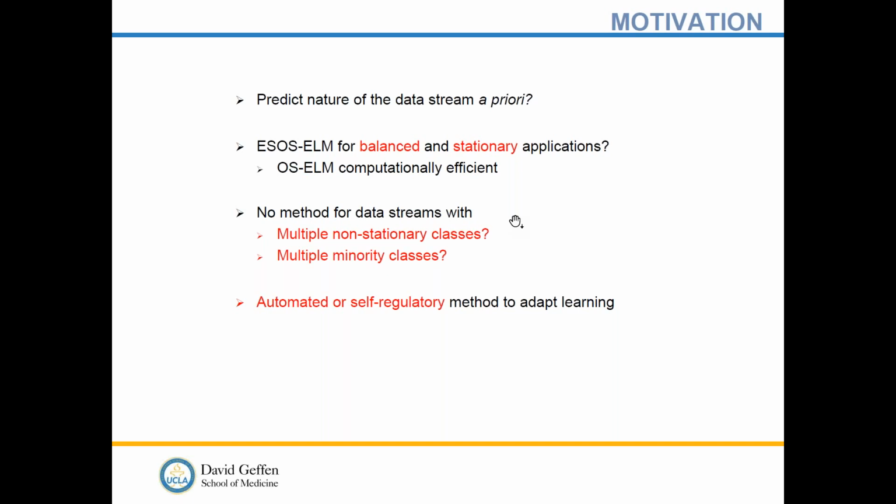Also, the previous methods only discuss data streams which have only 2 classes. There are no sequential learning methods that can tackle the multi-class imbalance problem or the multi-class non-stationary problem. So eventually we are looking at an automated or self-regulatory method that can adapt learning according to the changing nature of the data streams.